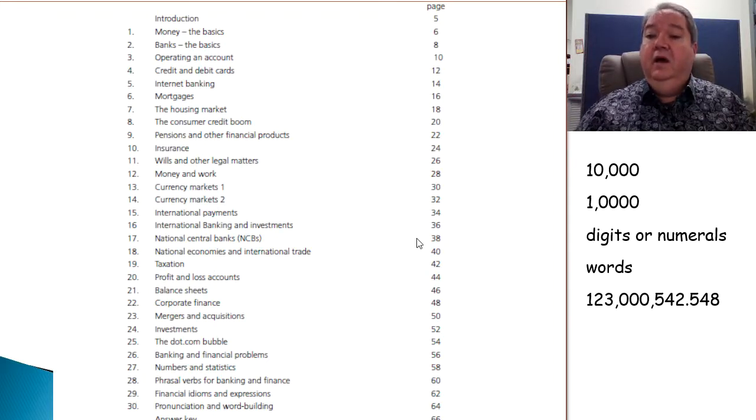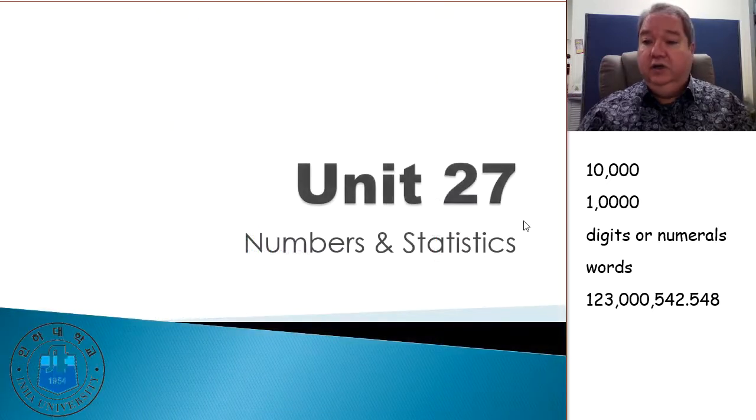Okay, and we will not do them in this order. We're not going to start with chapter 1. Okay, so we are actually going to be starting with unit or chapter 27. I call them units because they're really small. Each one is just 2 pages, I believe. So it's not, like I said, there's not a lot of reading or something that you have to do. So they are pretty short.